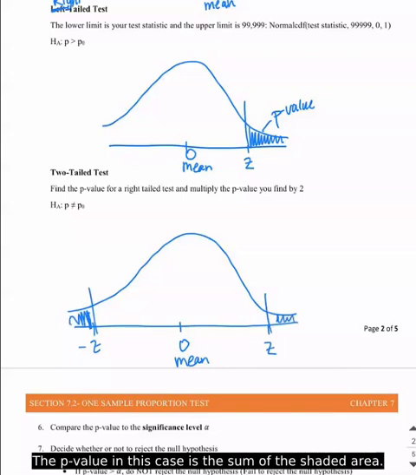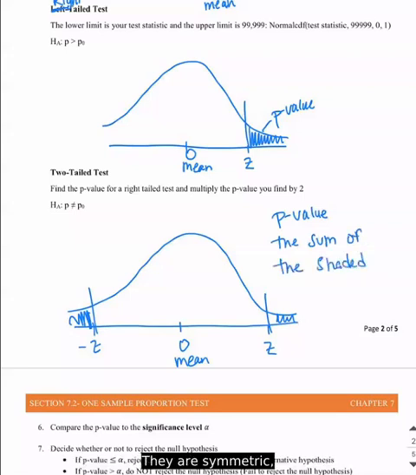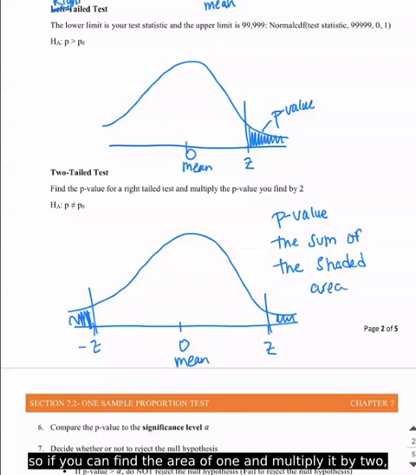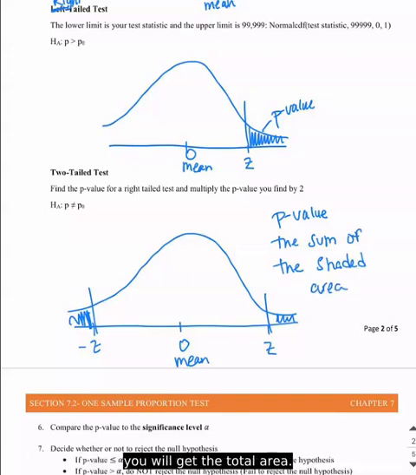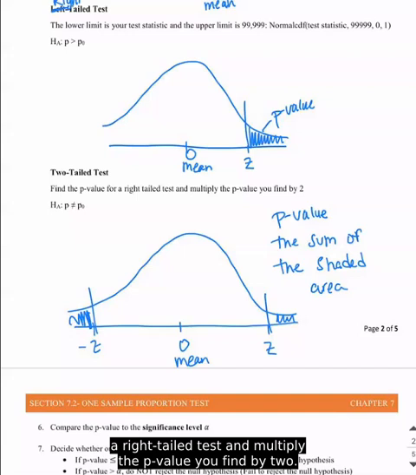So the p-value, in this case, is the sum of the shaded area. And they are symmetric, so if you can find the area of one and multiply it by 2, you'll get the total area. That's the hint for this one. It says find the p-value for a right-tailed test and multiply the p-value you find by 2.